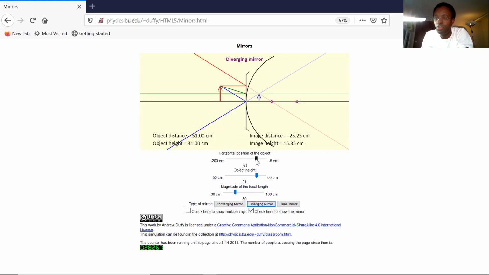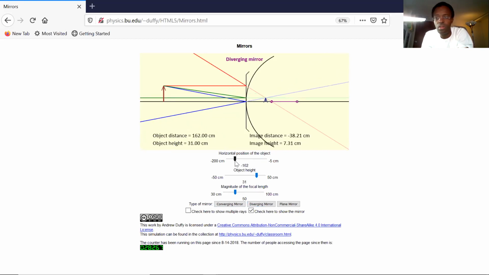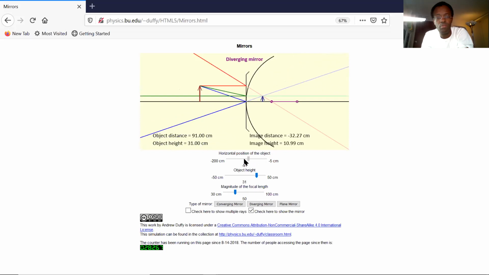The mirrors of your cars, the rear view mirrors, are convex mirrors, so that you can have a wider field of view. So you see what happens when I move the object away and closer. So you will have to talk about all of this also.